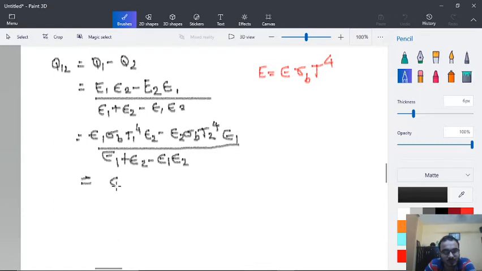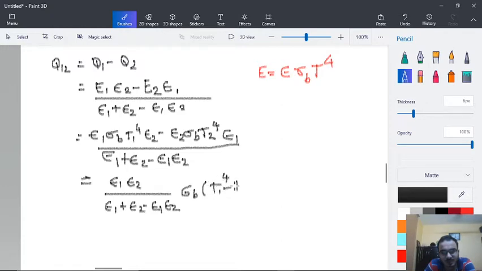we can write this in this way, that here is equal to epsilon 1 epsilon 2 divided by epsilon 1 plus epsilon 2 minus epsilon 1 epsilon 2 sigma b T1 raised to 4 minus T2 raised to 4.